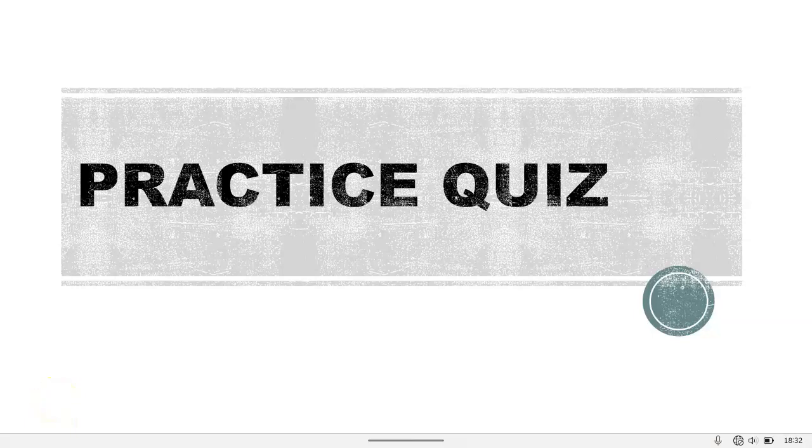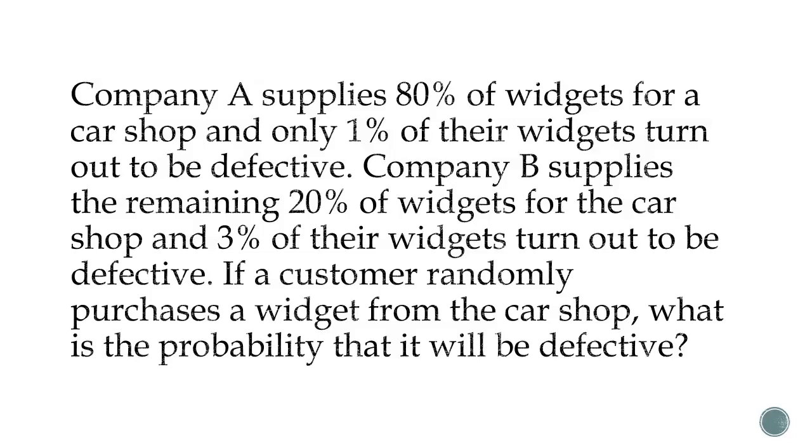Okay, so in this video we are going to look at the first quiz we looked at in class. The first question was: Company A supplies 80% of widgets for a car shop, and 1% out of those 80% turn out to be defective.